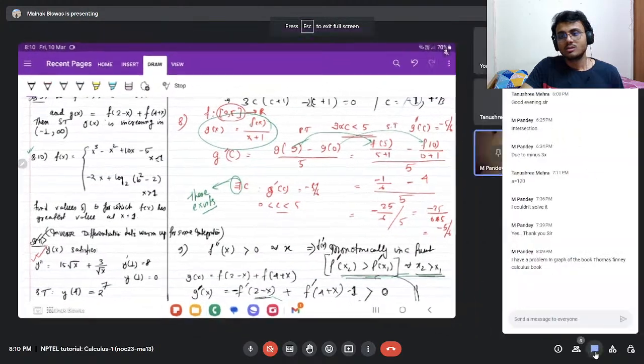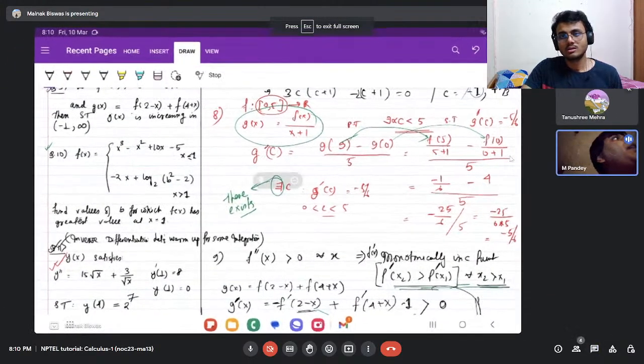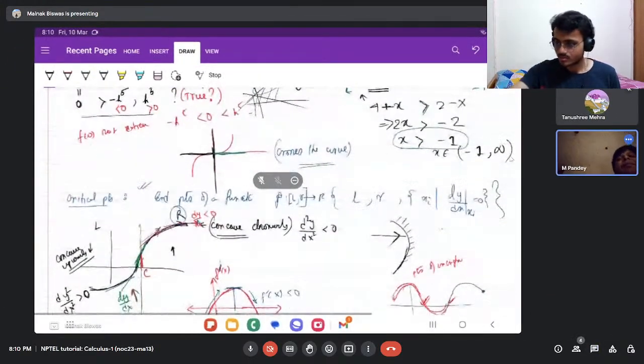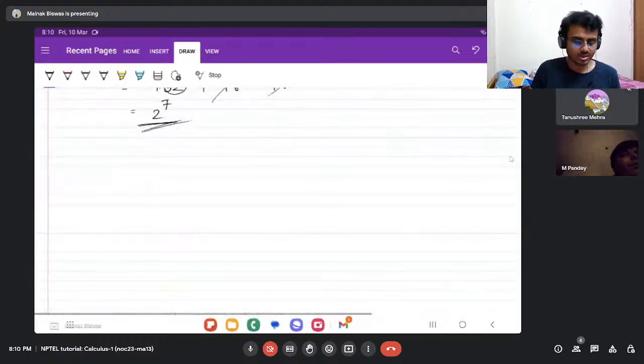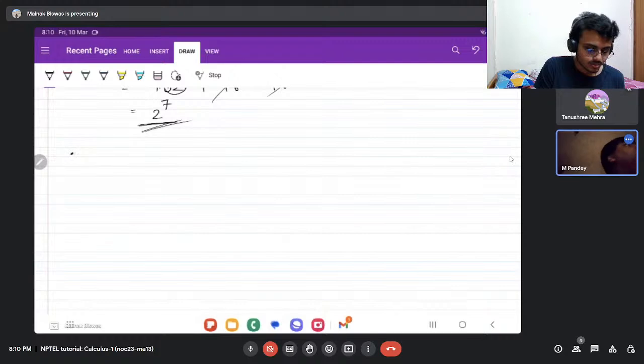Sir, graph x to the power 2 by 3 plus x minus 1 to the power 2 by 3. Do you really need to plot this? Yes, sir, page number 320.